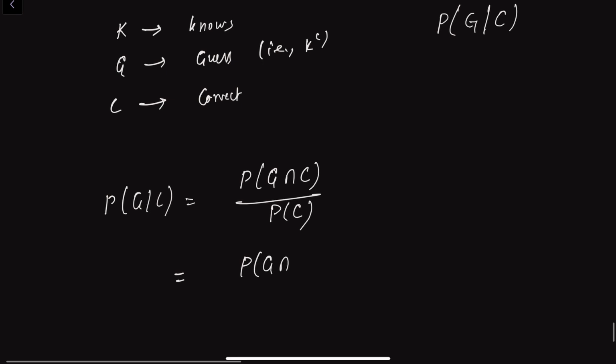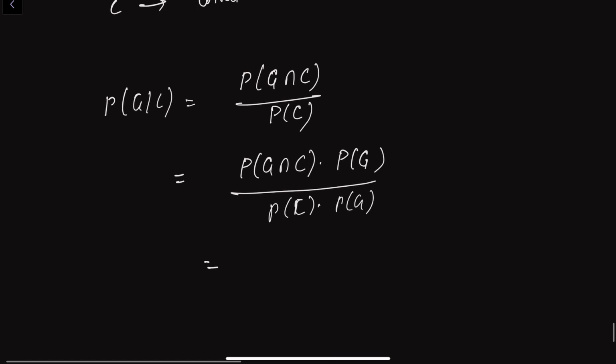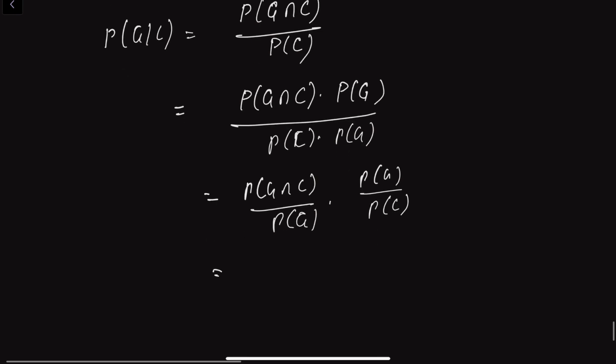If I multiply and divide by the probability of G, the probability of G intersection C divided by the probability of G is nothing but the probability of C given G, into the probability of G, divided by the probability of C being correct.